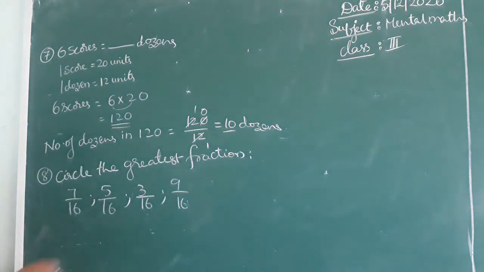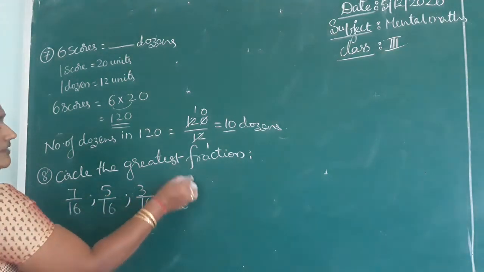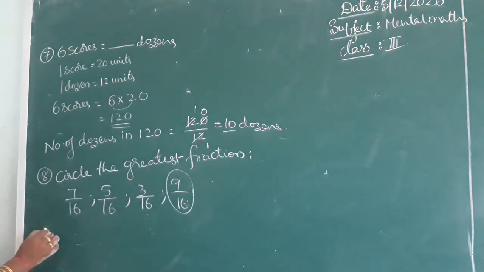Here all have the same denominators. So these are all like fractions. The one with the highest numerator is the greatest fraction. Among 7, 5, 3, 9, 9 is the greater one. So 9 by 16 is the greatest fraction.